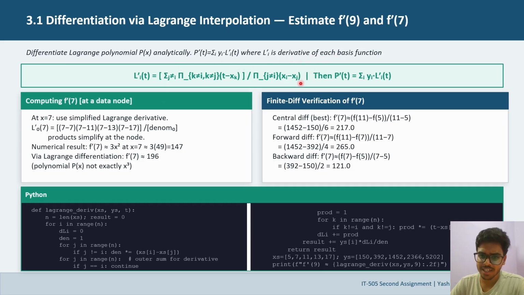The derivative of each Lagrange basis function Li at a point t requires a sum of products of t minus xk for all k not equal to both i and j, divided by the denominator product. For a simpler approach at the interior nodes, we can use the divided difference table. The second order divided difference approximates f double prime divided by 2 factorial, and the first order divided difference approximates f prime.